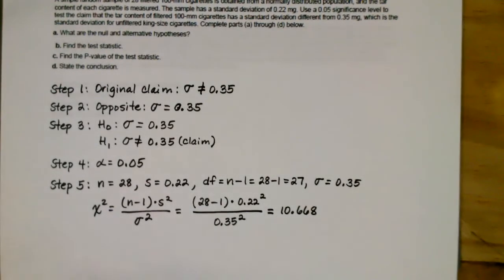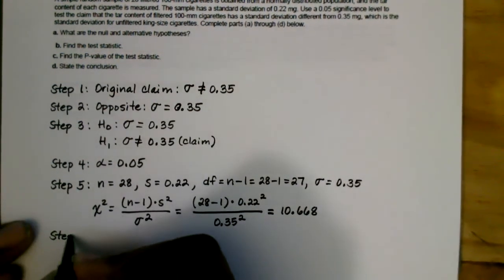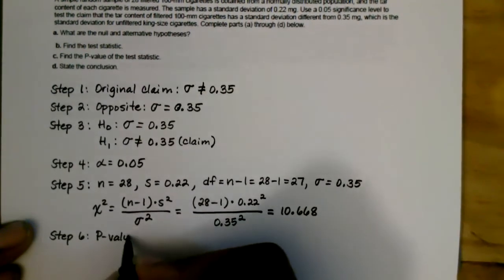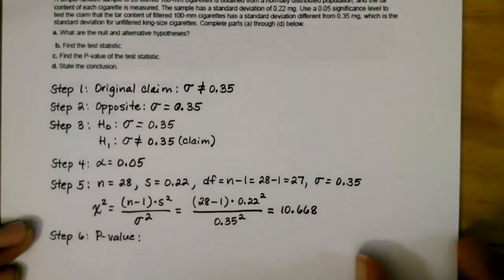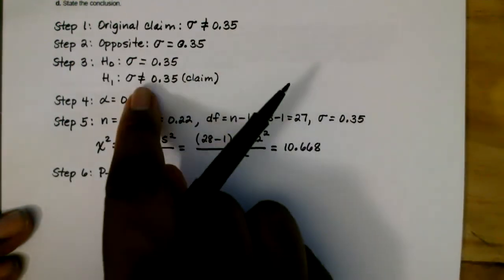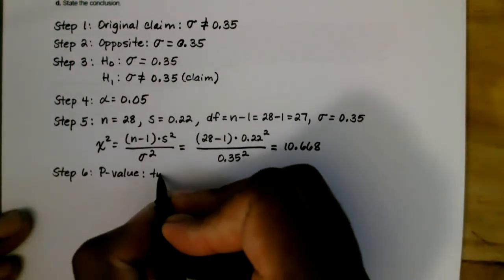Okay. Now for the p-value, this is step number 6. Let's take a look at our alternative hypothesis. It says not equal to. That means it's a two-tailed test.